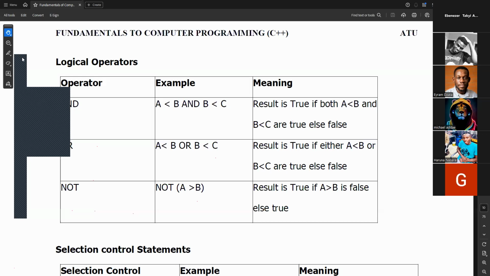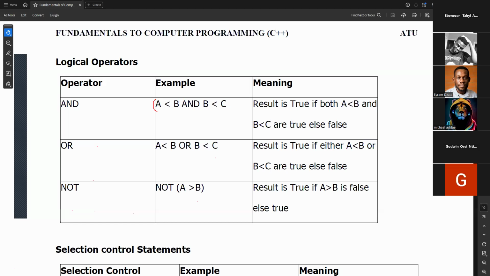For instance, if we take the first scenario here, which is the AND operator, you can tell that we have A is less than B as one expression with the less than relational operator.